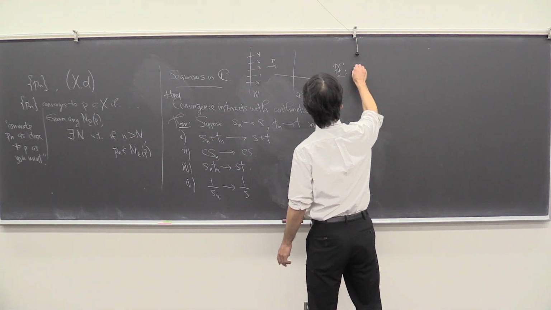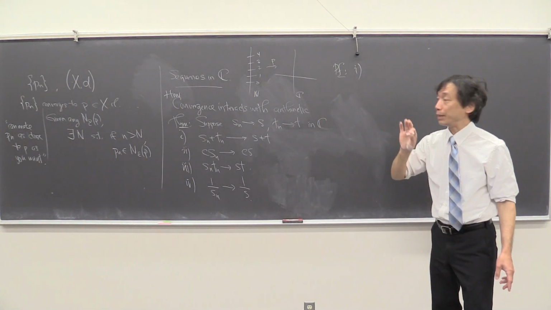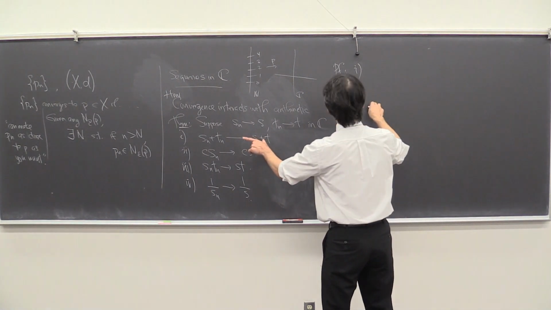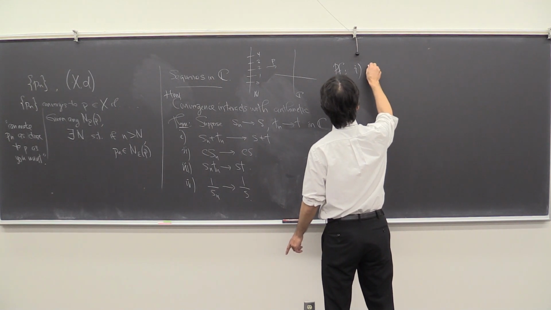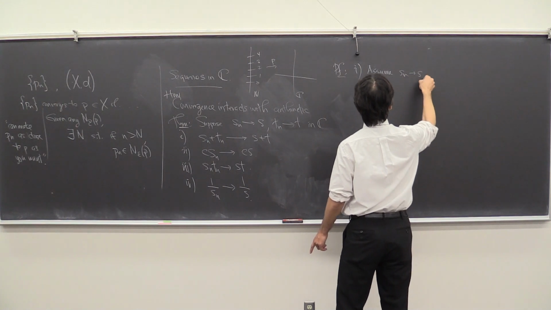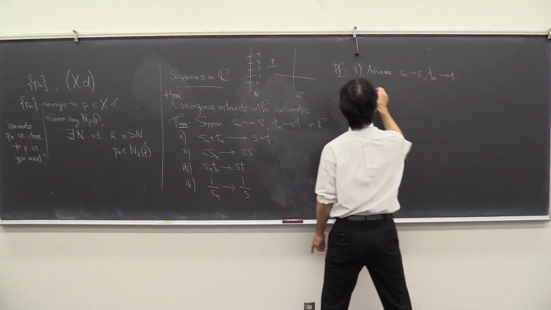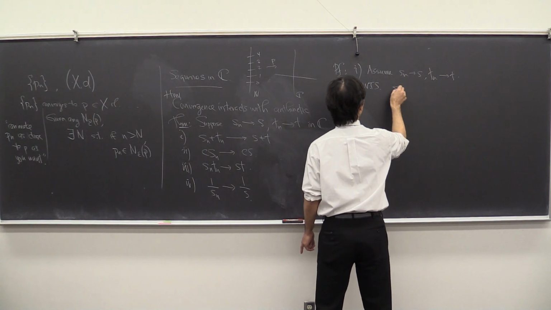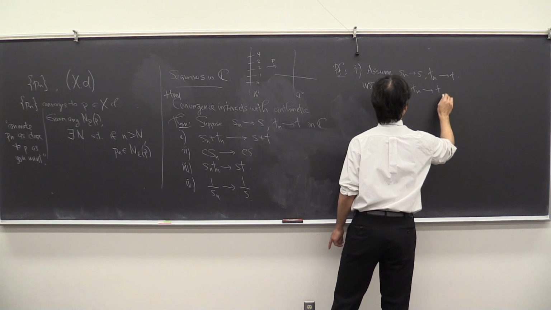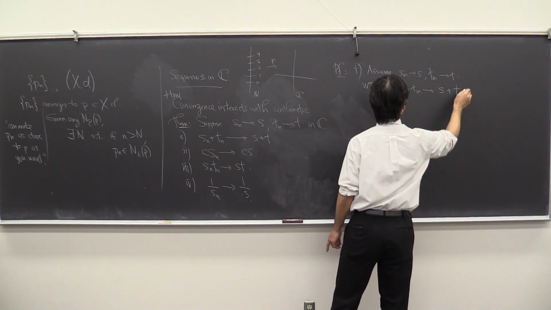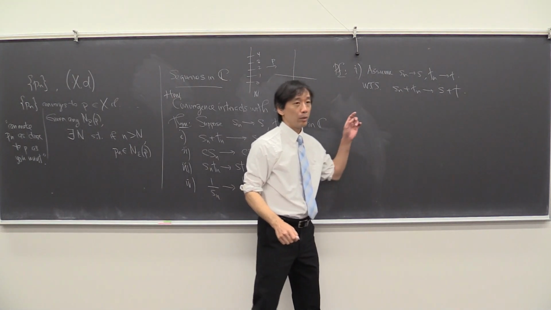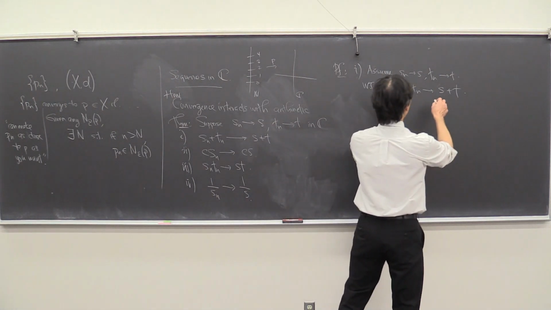The first one. So let's think. I think you can probably do the first one. Okay, so assume that S sub n goes to S, T sub n goes to T, and you want to show that S sub n plus T sub n goes to S plus T. Okay, so everybody write down what we need to show.